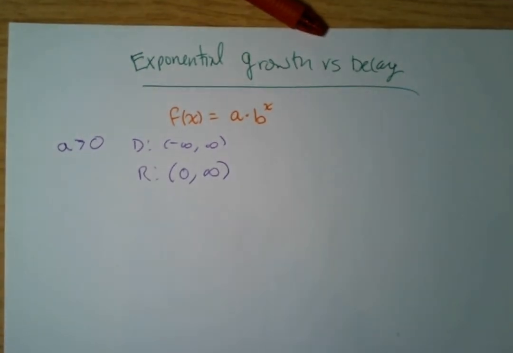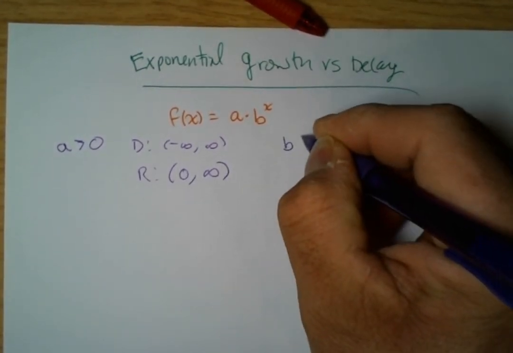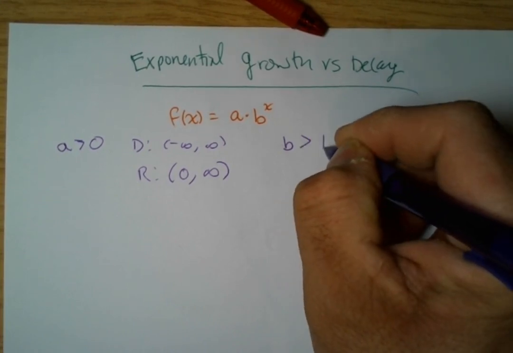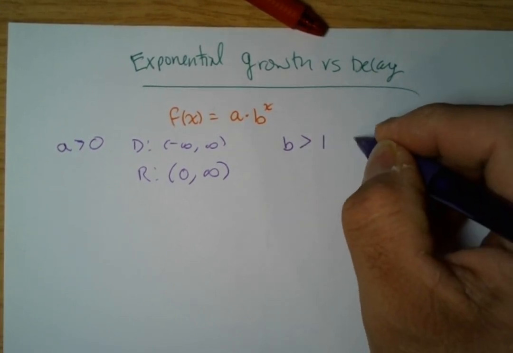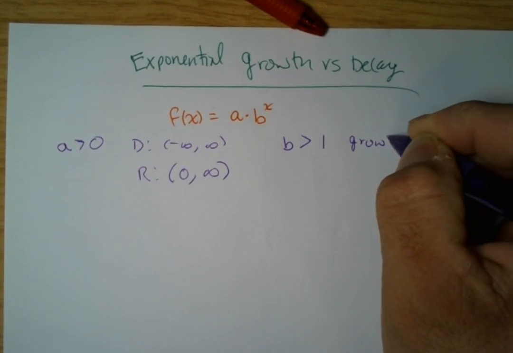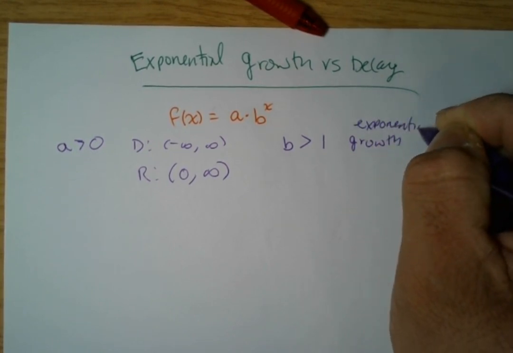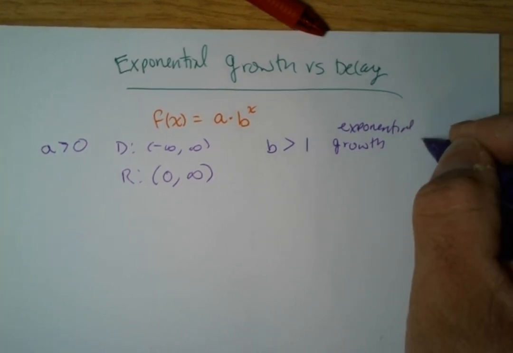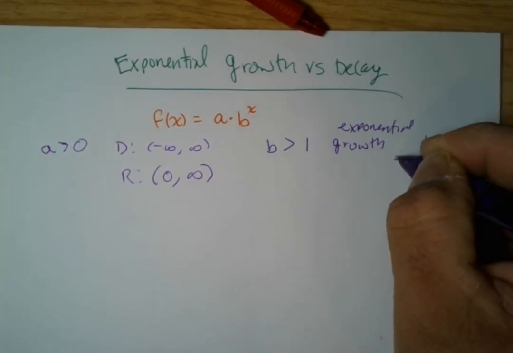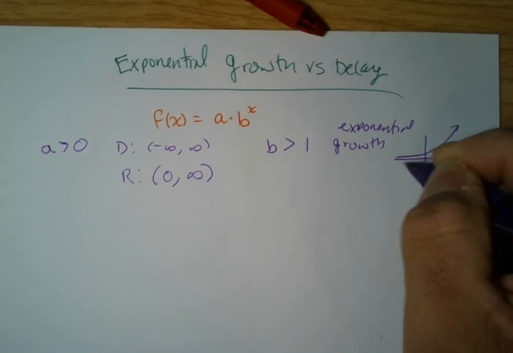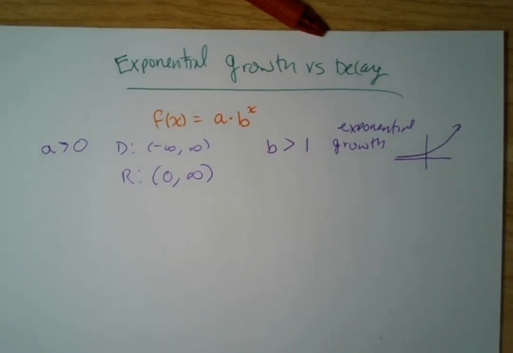But here, what's going to depend is this: if b is bigger than 1, then we are in the growth state, specifically exponential growth. All our graphs are going to have this same general shape. Where it crosses the y-axis and how steep it goes depends on the value of b and the value of a as well.